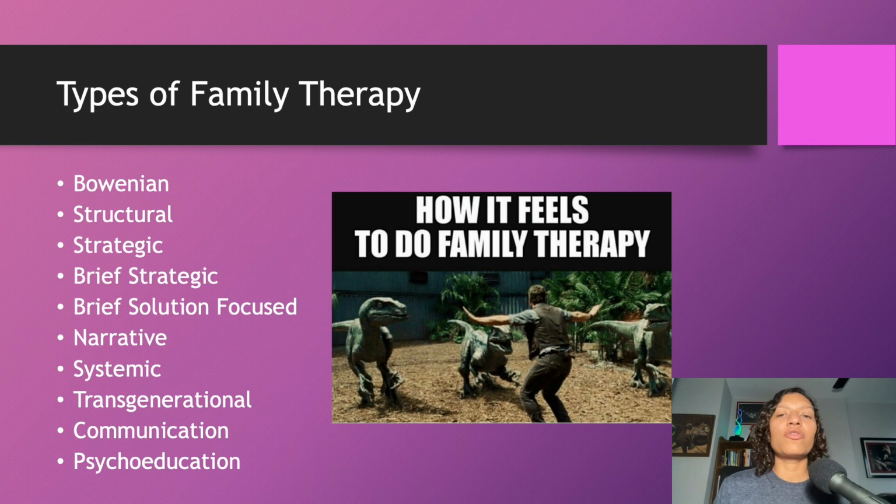But overall, the focus here is on understanding not only the individual, which is what we've spent all semester focusing on, but the individual within the system that they're in, their family system. And again, going back to a previous slide, in terms of all of the different environmental and system factors that are present. This chapter, in terms of the textbook, was surprisingly short.